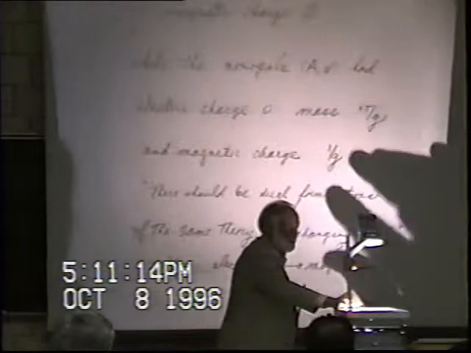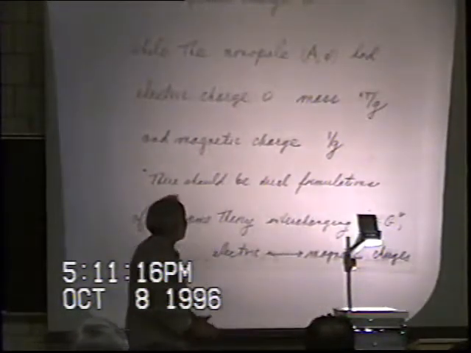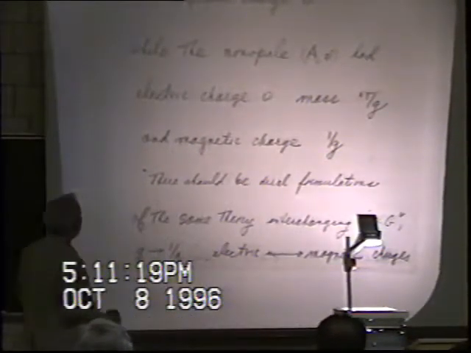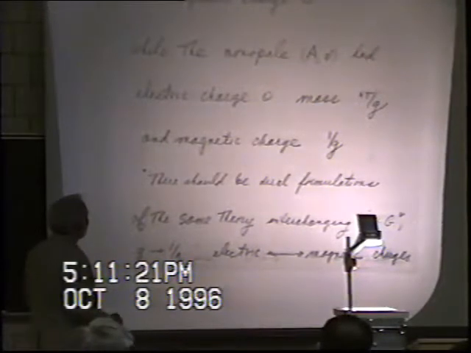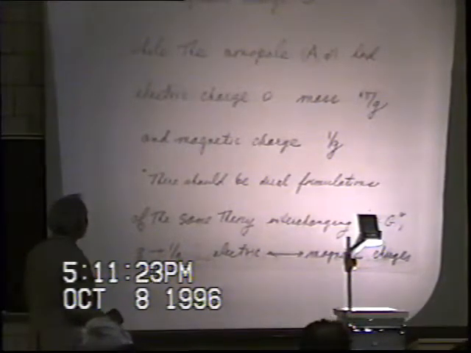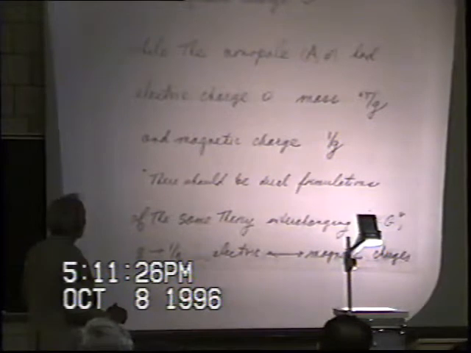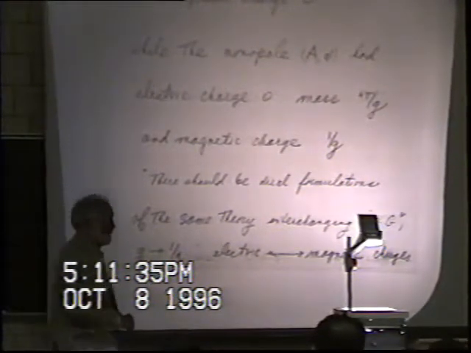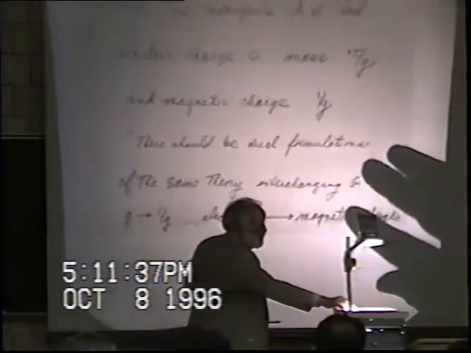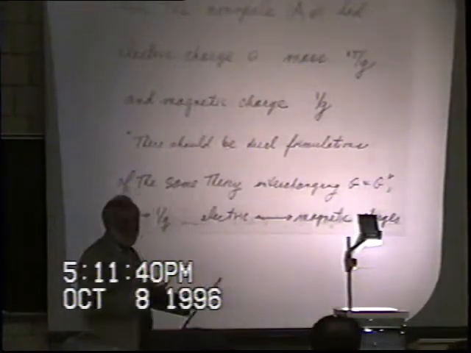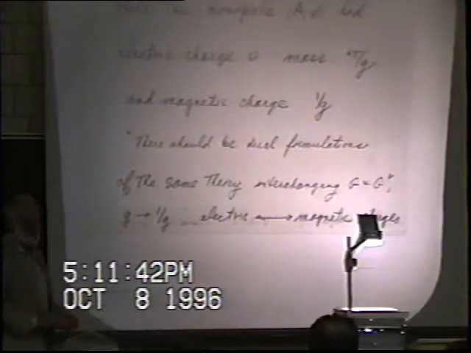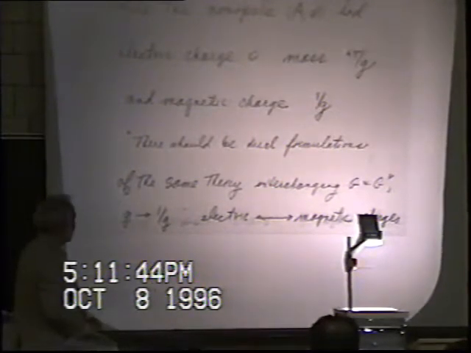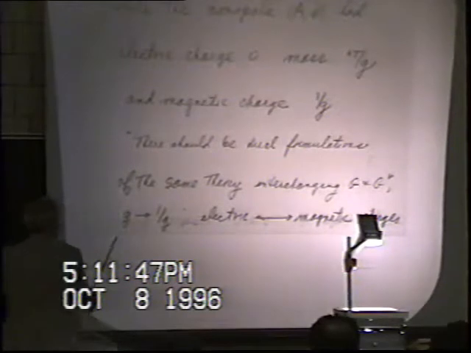So, the statement of Montonen and Olive is that because of the various quantum numbers we've described here, there should be a dual formulation of the same theory, which interchanges G and G dual, so electric charge and magnetic charge get interchanged, and the coupling constant gets interchanged.